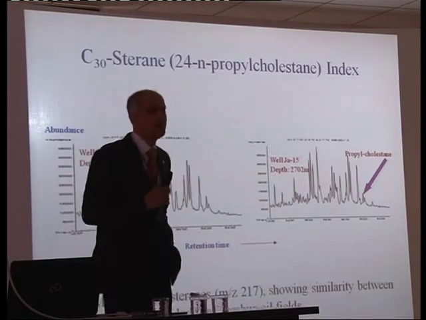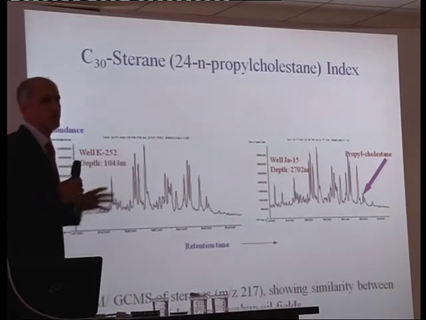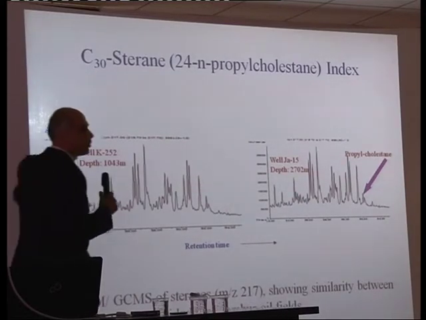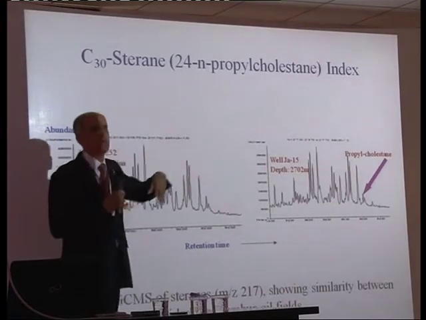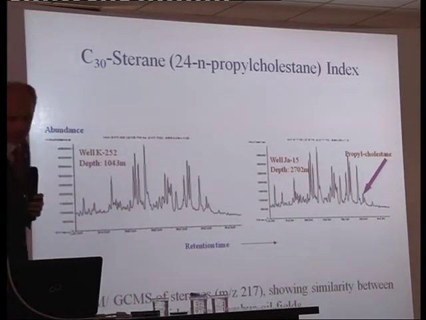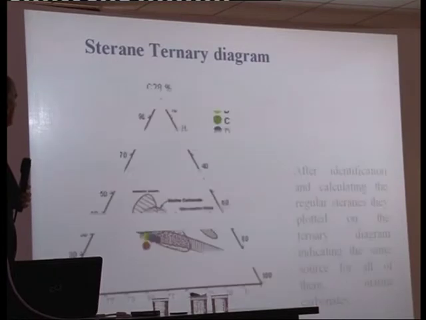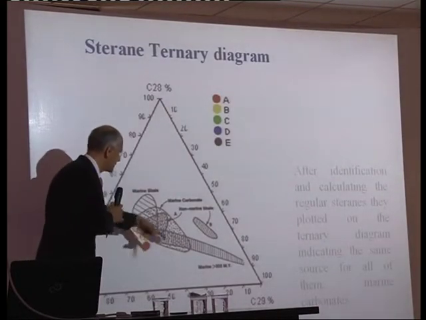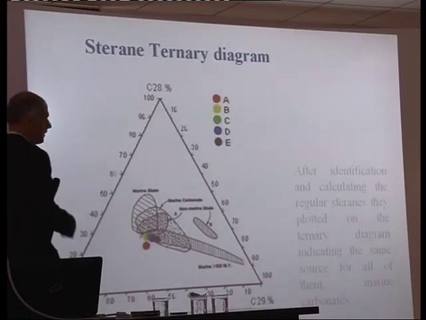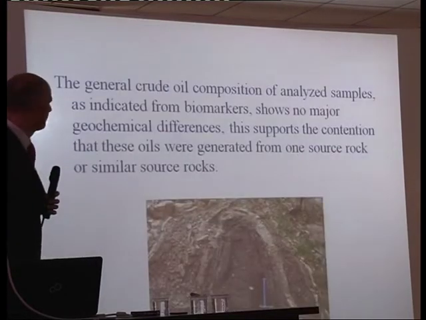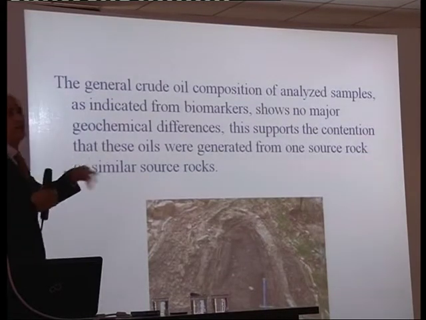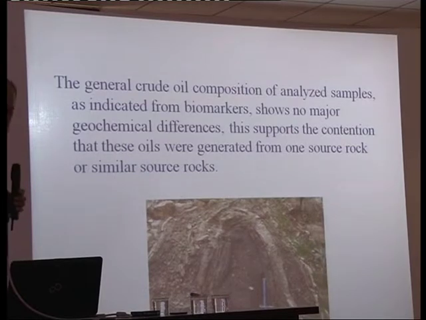And these are very good indicators. I didn't talk about more similarity. These may be the same in many source rocks or oils. So I put these samples, and later according to the regular steranes series, you can see all are near each other. So in general, the analyzed oil samples are nearly the same or are from the same origin.